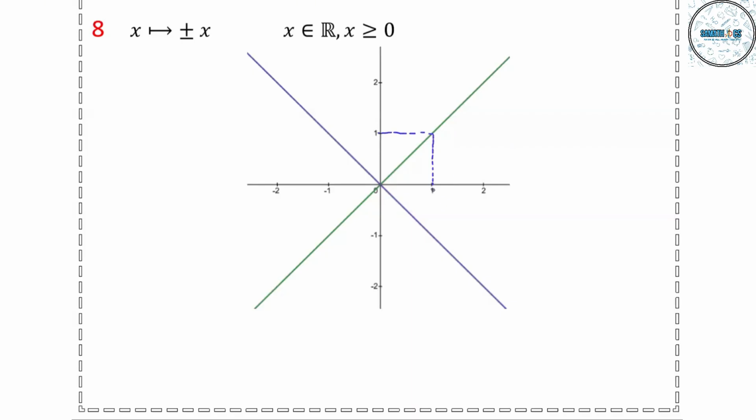In the same way, if we consider the same point, it is mapped to this. There is one input and there are two outputs. So it is one to many.